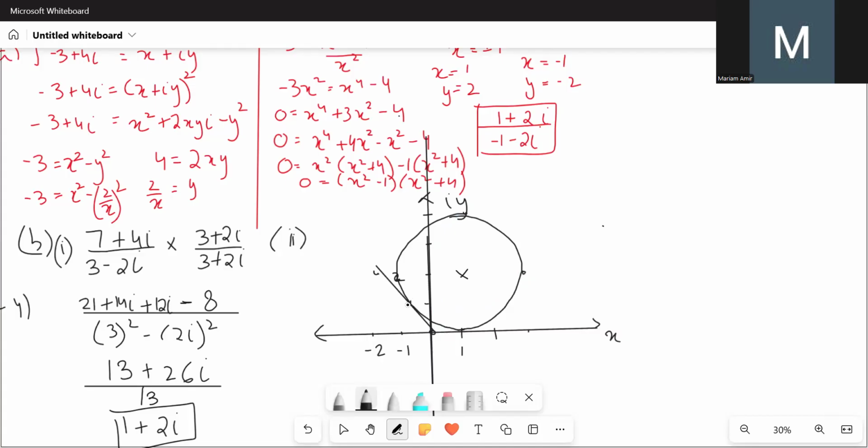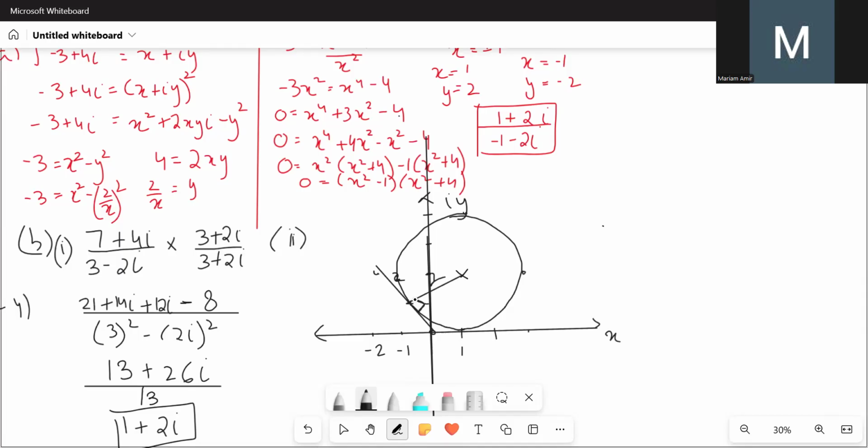So this complex number will have the greatest modulus, where this line is tangent to the circle. Okay, now we need to find the value of this greatest modulus. What we know is that radius is equals to 2, and we know that radius and tangent are perpendicular.